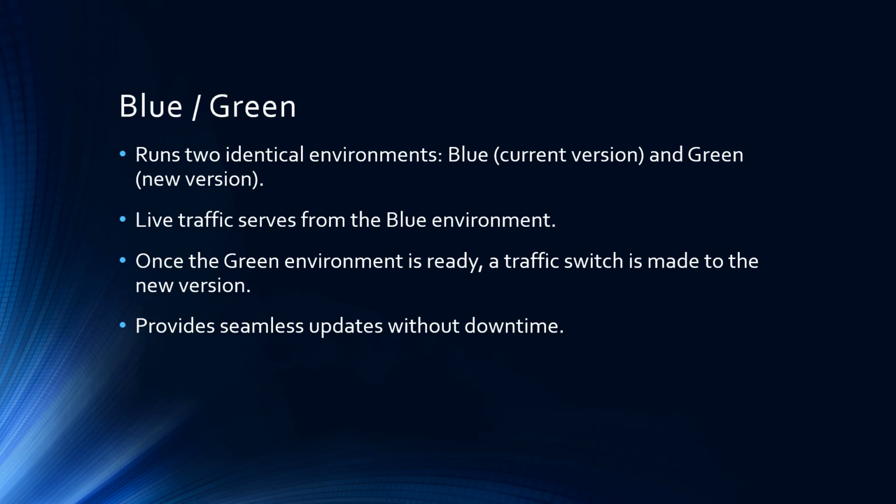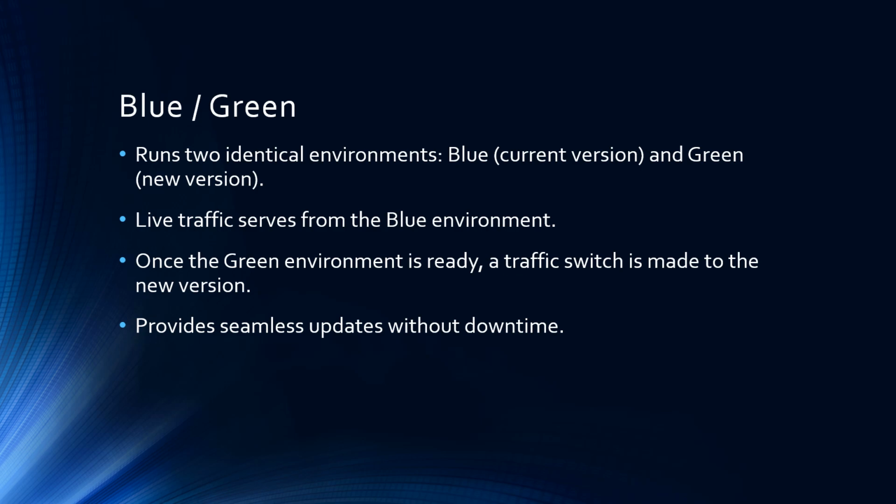Let's say your current production environment, blue, is running version 1.0 of your application. When you want to deploy version 2.0, you set up a complete new environment, green, with all the necessary infrastructure, pods, services, and other resources. You then deploy version 2.0 to this green environment.